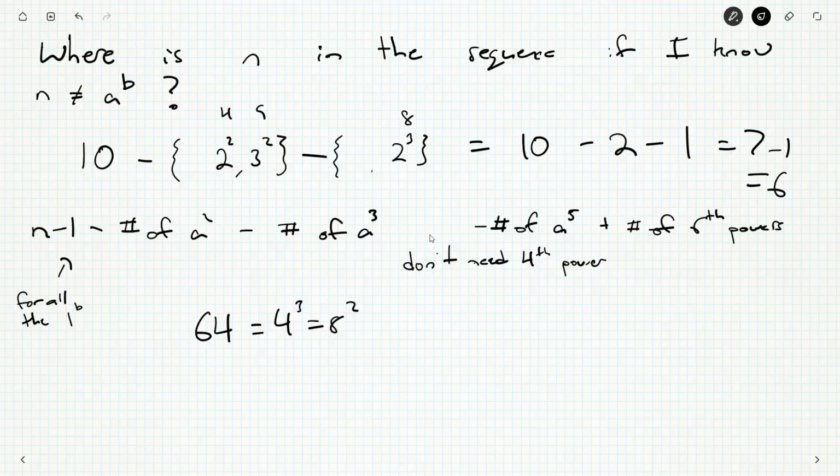If there are any sixth powers, then they were included in both of these lists that I took off. So I've taken the same number off twice and need to add it back on. That sort of thing is what we need to be looking at. So, what to do?